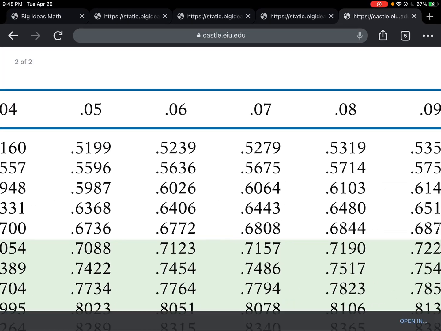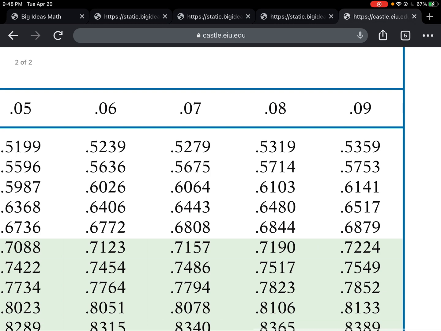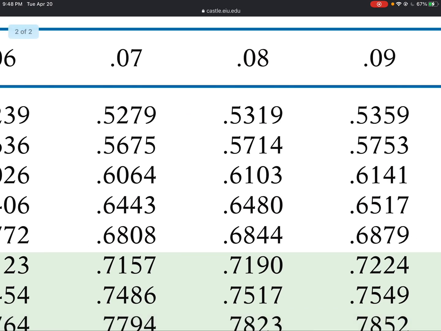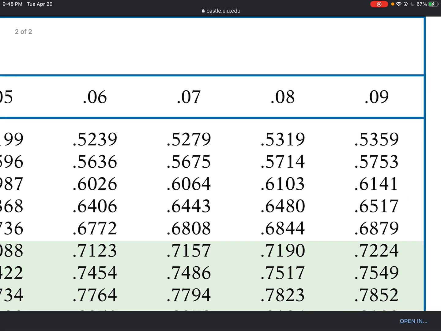I'm getting closer right here. I have 0.648 and 0.6517. Neither of them is exactly 0.65, right? But 0.6480 is 0.002 away, and I believe the one on the right is closer, so I'm just going to use that one.